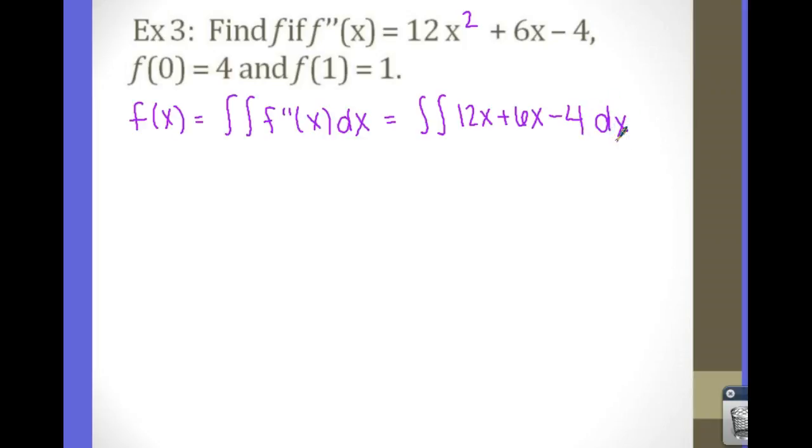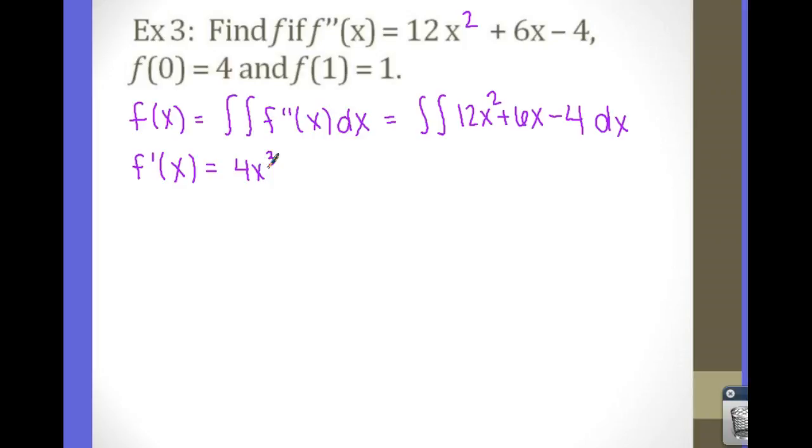Let's find f prime. So f prime of x would equal 12x, you add 1 so you get x cubed, divided by 3. 12 divided by 3 is 4, so you get 4x cubed.